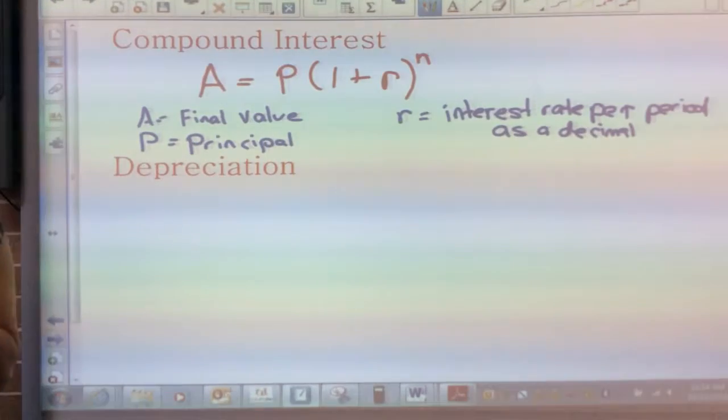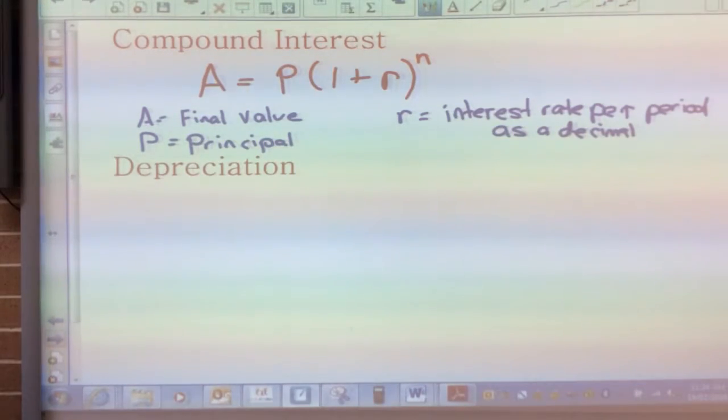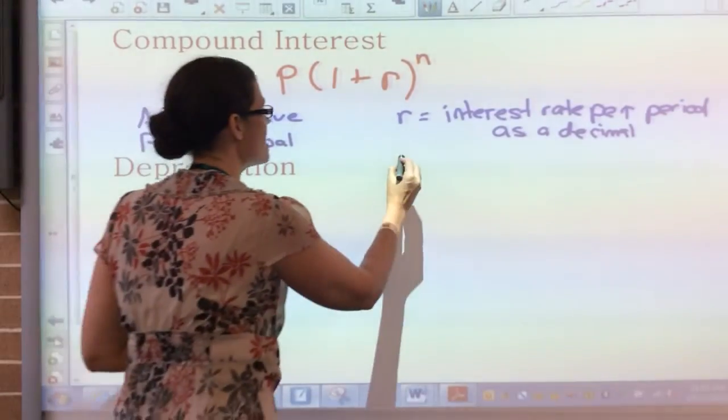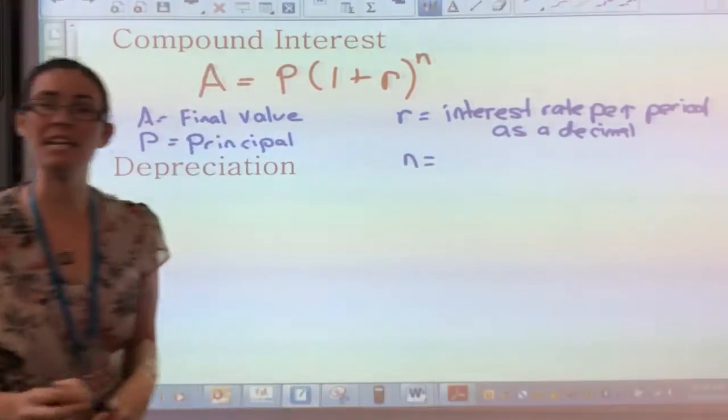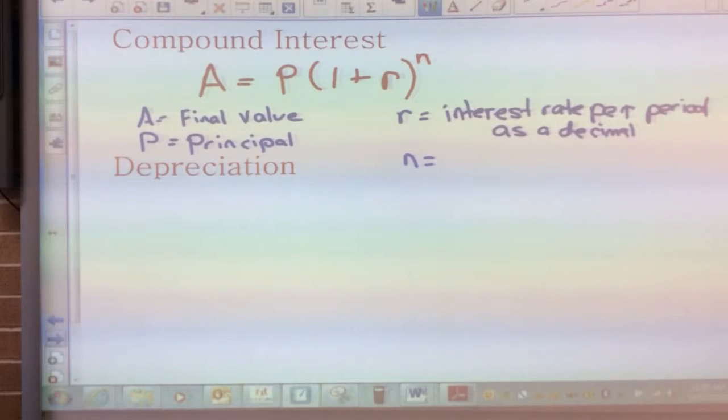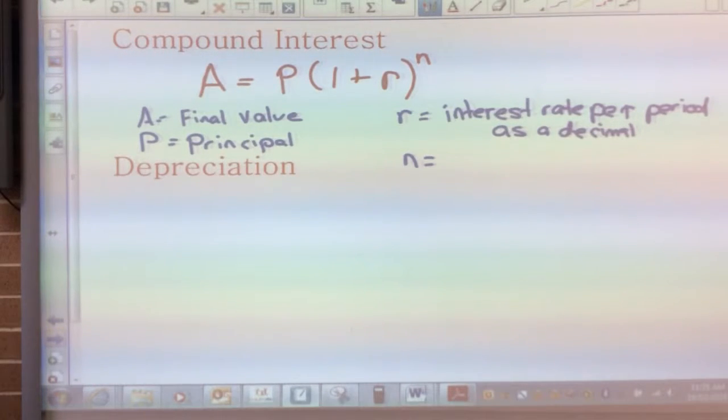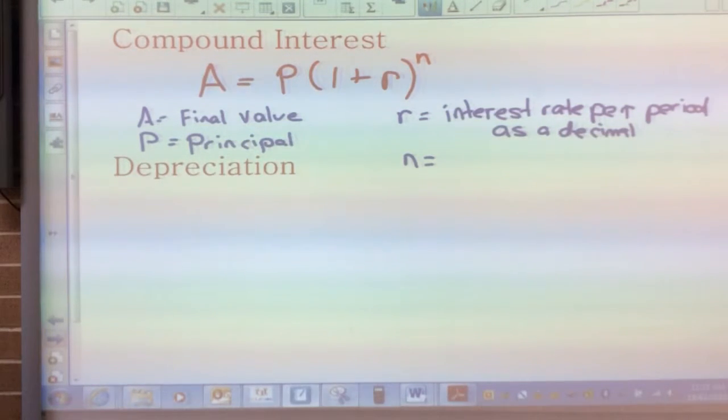Okay, when it says interest rate per period, everything's been really easy so far because it's all been years. But when I start doing interest rate for 1 month, for example, I'm going to have to start dividing by 12 to make sure my interest rate is per whatever I'm compounding. Okay, and my N is not my number of years, it's my number of periods now. So if I said 7 months, N would still just be 7 if I was doing monthly.